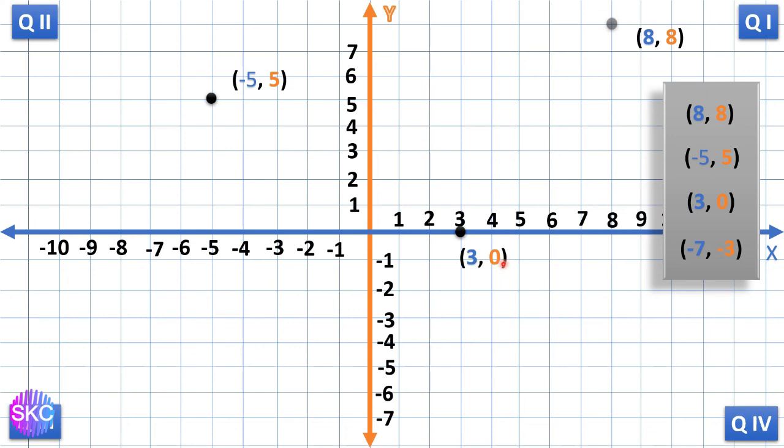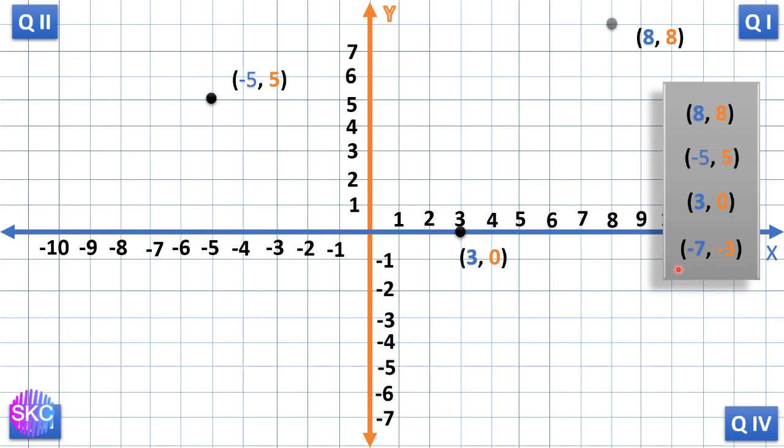Now, let's proceed to the last point, which is negative 7 and negative 3. Okay. So, obviously, this point is located within quadrant 3. Kasi both of the ordered pair are negative.